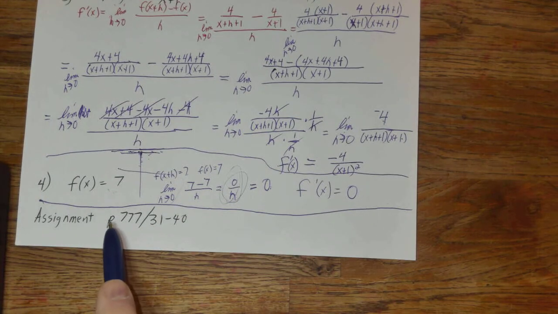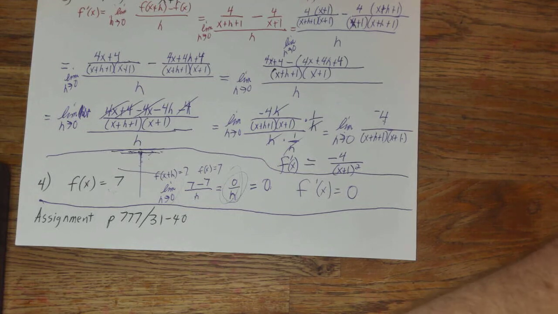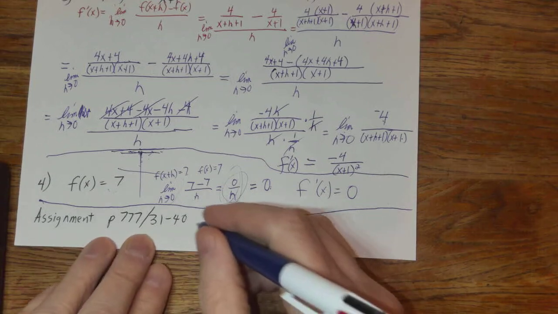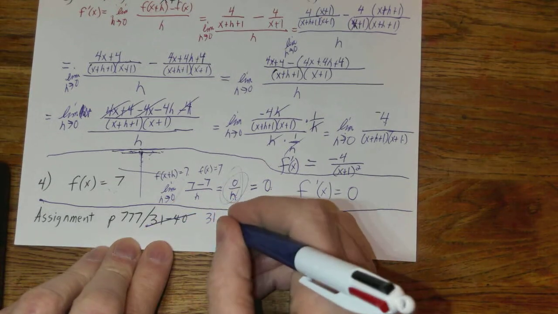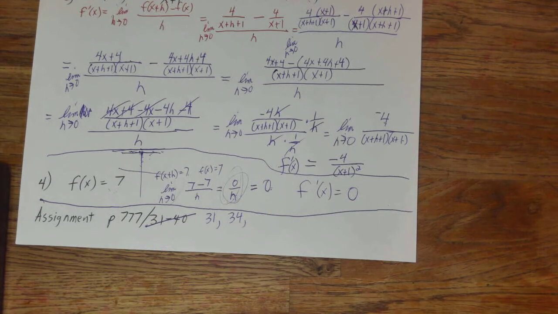All right, then for an assignment, I want you to give page 777, numbers 31 through 40. I think I'm actually going to shorten that for you guys. Let's do 31. Then let's do 34.